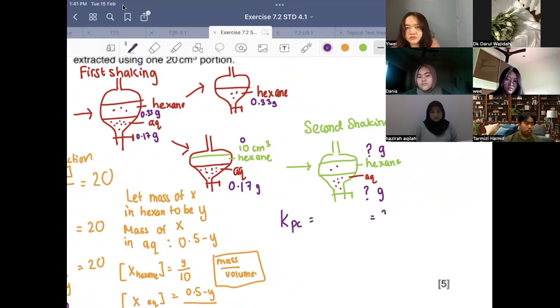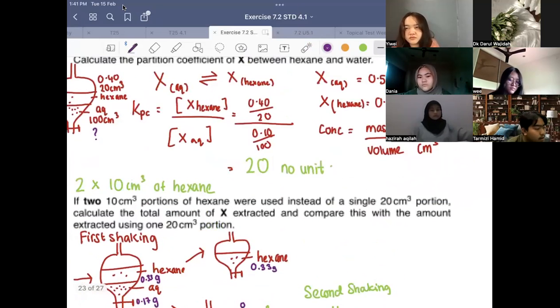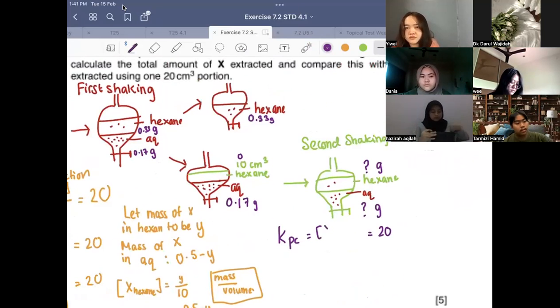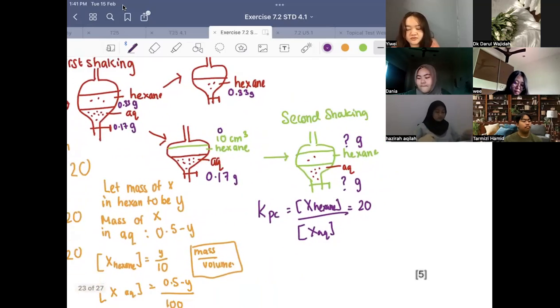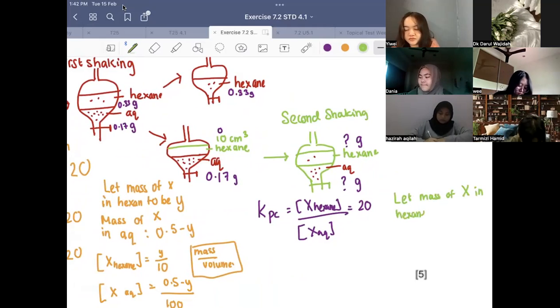KPC is equal to 20, hexane over aqueous. Again, we don't know the masses, so we are going to introduce another unknown. Let mass of X in hexane be Z this time for the second washing.